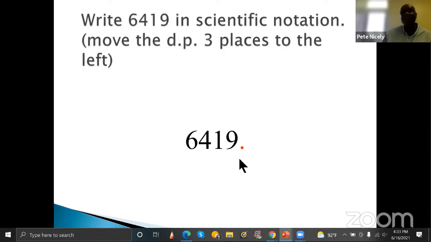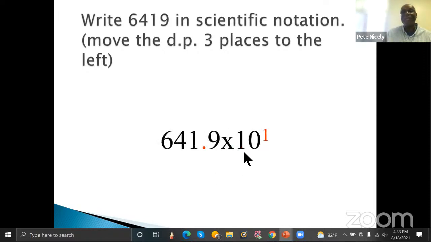So therefore, what we do is that we move the decimal point firstly to between the 1 and 9. And when we do that, we have to now write down, multiply by 10, raised to this number here, which represents how many spaces were moved to get the decimal point from where it was to where it is now.